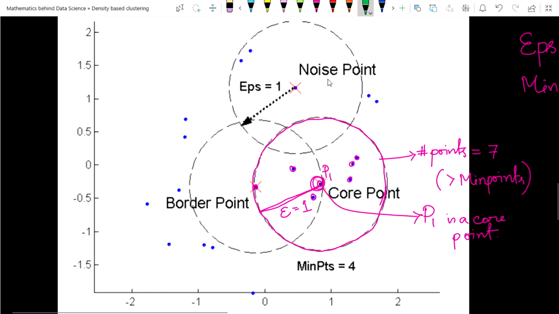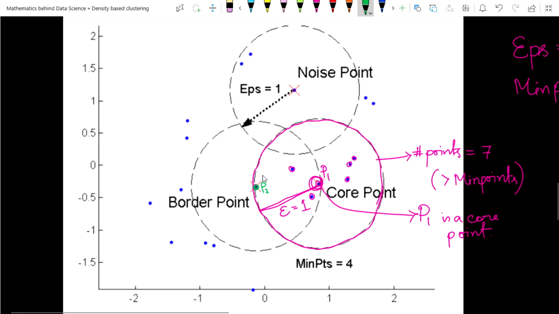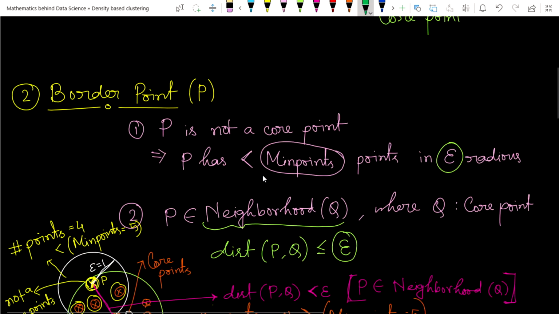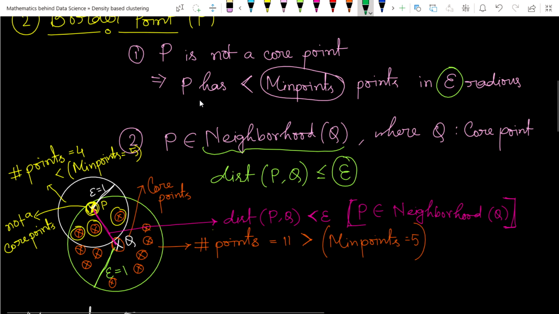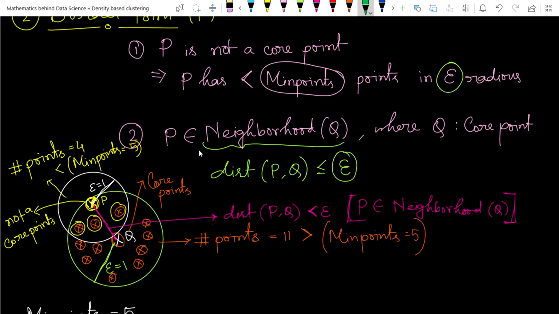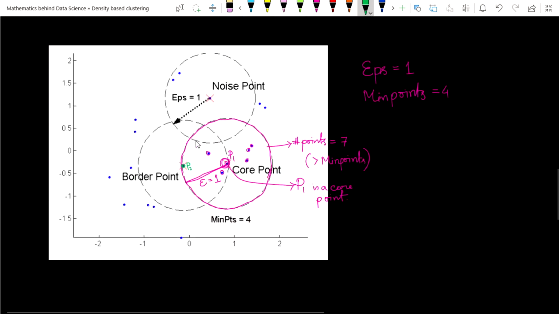Now let's see the deep green color to understand the border point. Let's call this region P2. First, what is the definition of the border point? P is not a core point, and P must lie in the neighborhood of some core point. So these are the conditions.